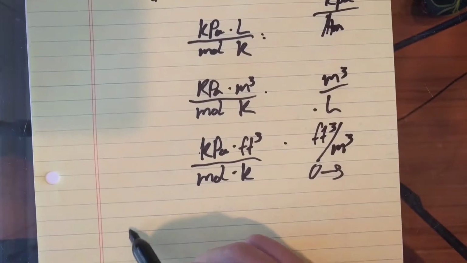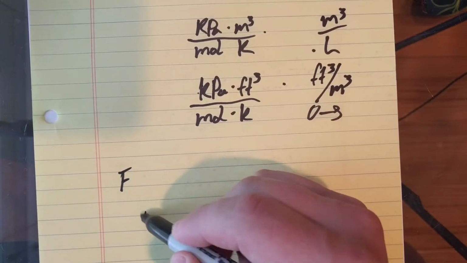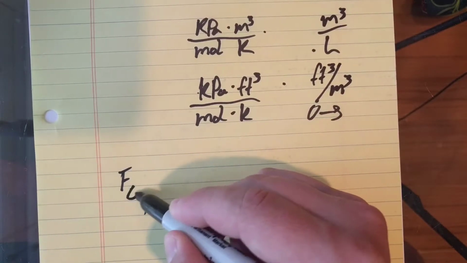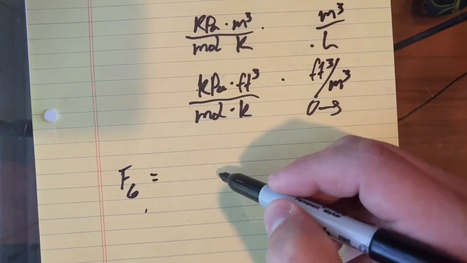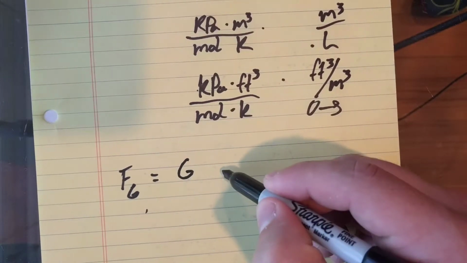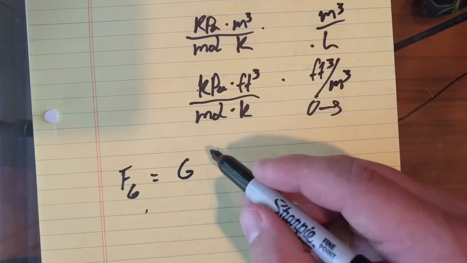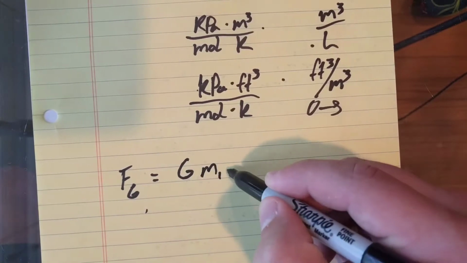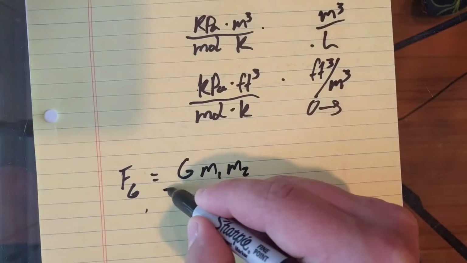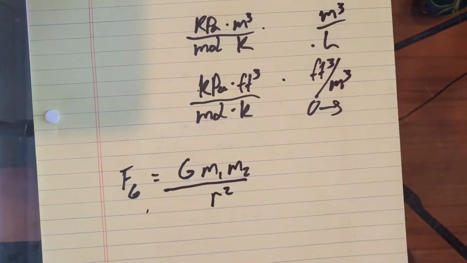Say if I give you a random equation, right? The force of gravity is equal to some gravitational constant. This isn't the G that you're used to using. Mass 1, mass 2 over r squared, right?